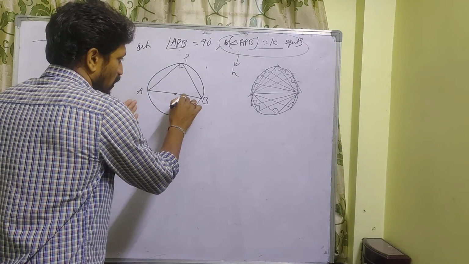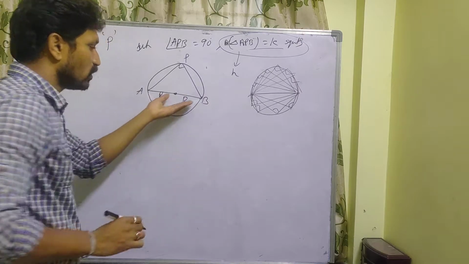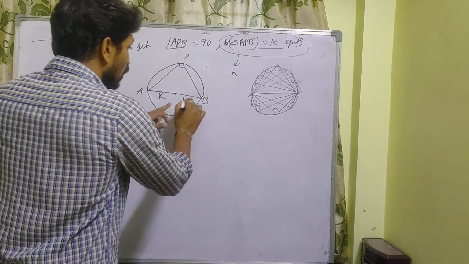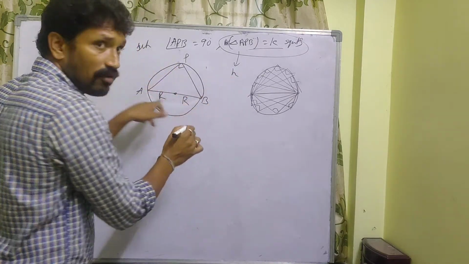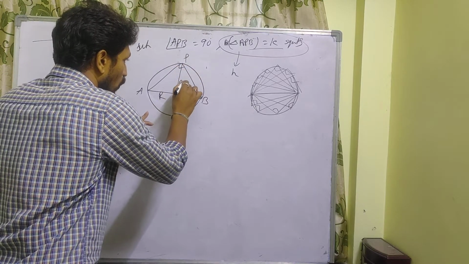Let us take this as some R, no problem. This is also R because it is the diameter. So just remember, this R is equal to H, the height of the triangle is equal to the radius.